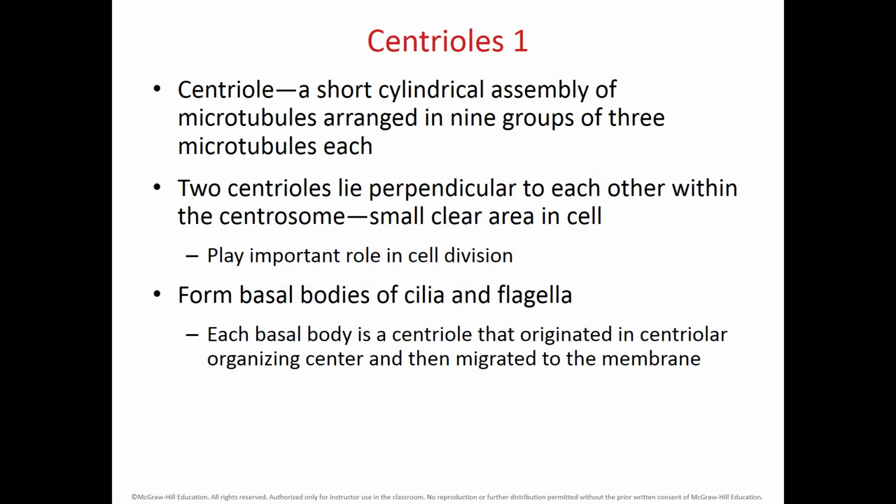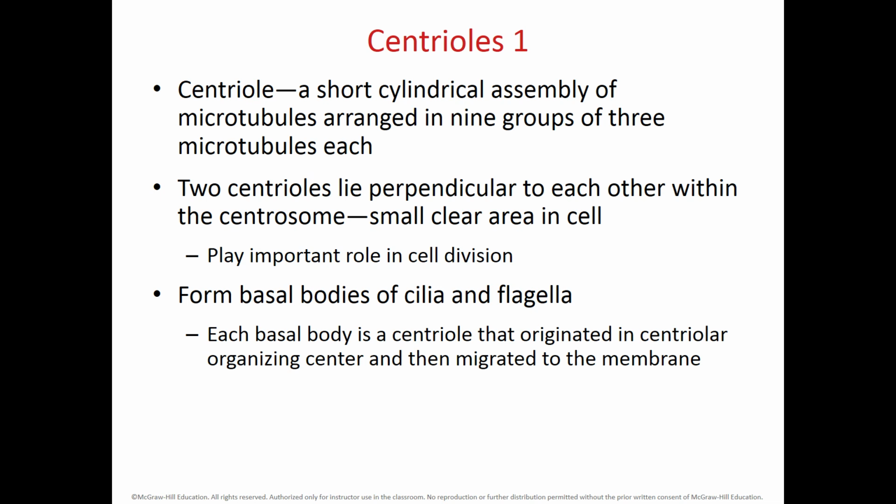Now, the centrioles are a pair of cylindrical structures that resemble microtubules because they are arranged in 9 groups of 3 microtubules each. Two centrioles lie perpendicular to each other within the centrosome, which is a small area of the cell.